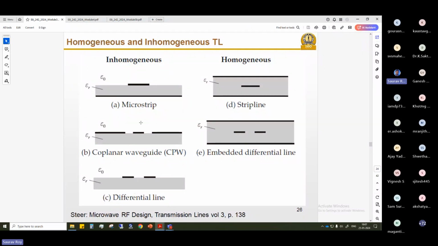All these lines have a boundary between the substrate as well as epsilon naught, that is air. Can we put two substrates together? Yes, you can. There are a lot of microstrip line calculations with stacked substrates, so there also you will have an effective substrate permittivity.